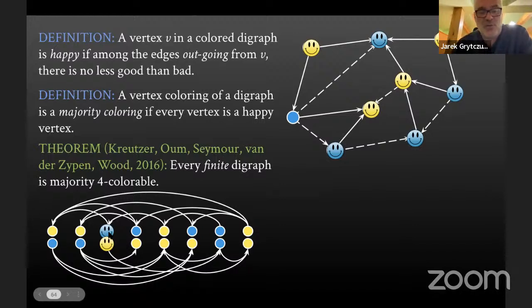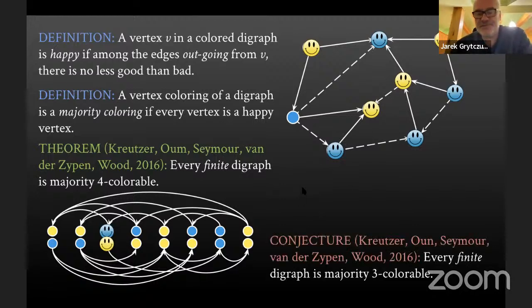So when we glue these colors, we get a color that is a pair of colors, and this vertex is happy on all of its out-neighborhood. This is just a sketch, but the proof is pretty simple and shows that 4 colors are enough for such a majority coloring of a digraph.